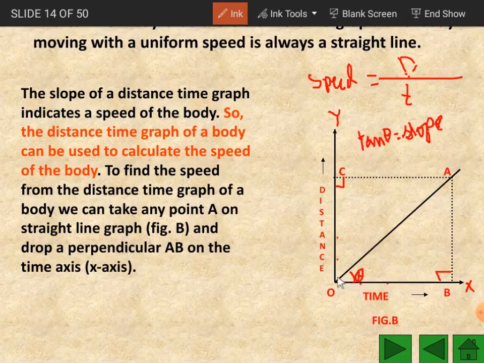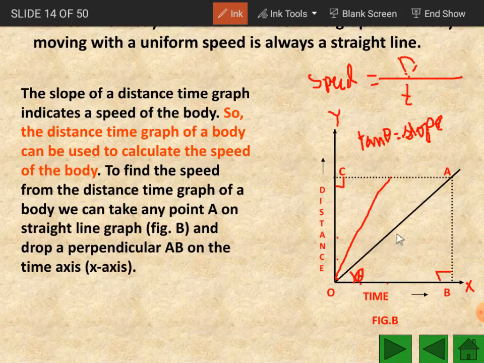If another graph is somewhere here like this, then that graph has more slope than this graph. So by knowing the slope, what we can find is the speed. Suppose these two graphs represent distance-time graphs for two bodies. One body is represented by this one, another body by this one.